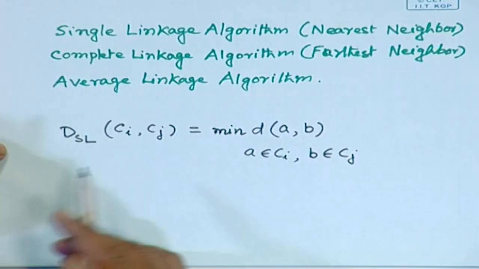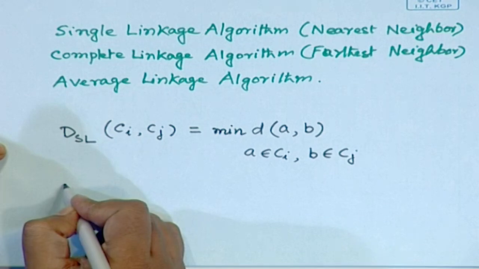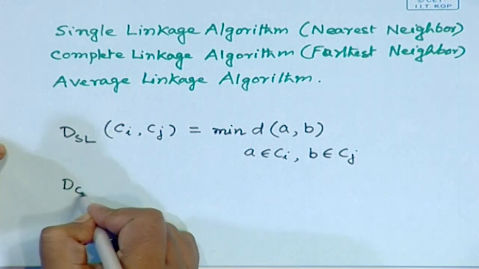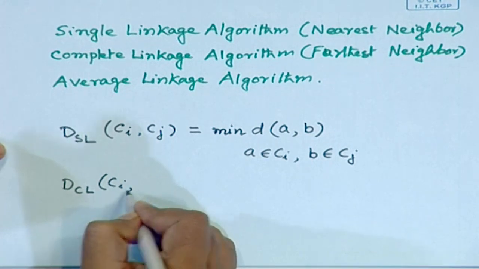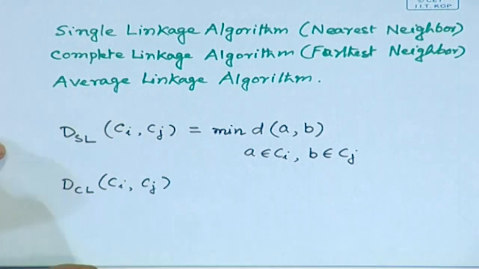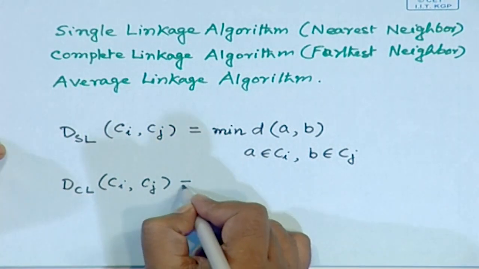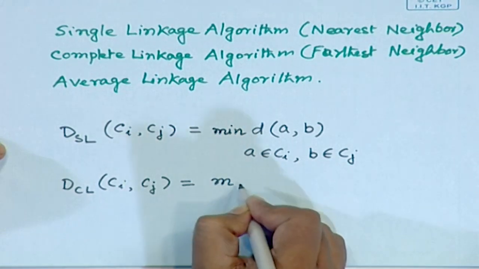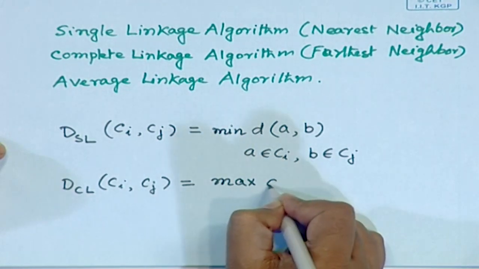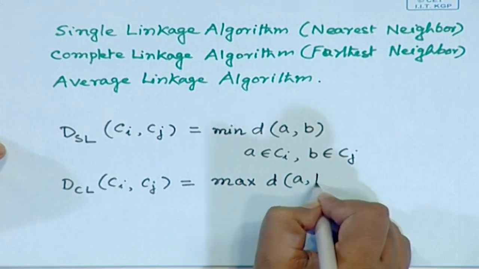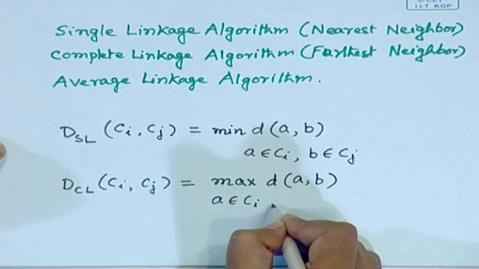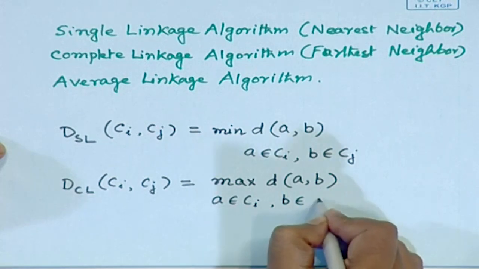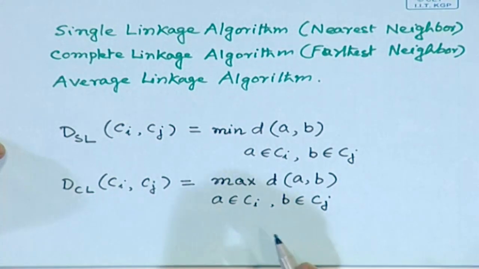Whereas, the complete linkage algorithm, if I put it as DCL, between the same two clusters Ci and Cj, will actually be the maximum.